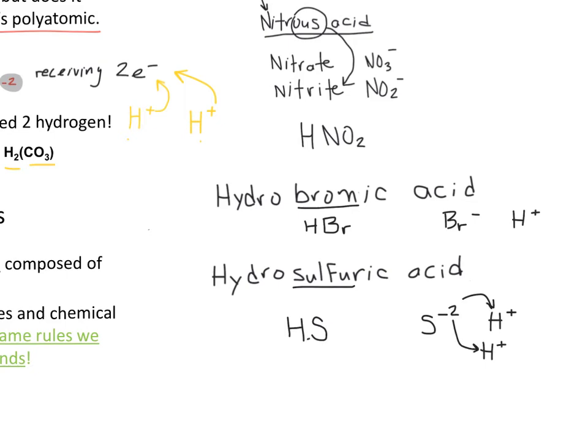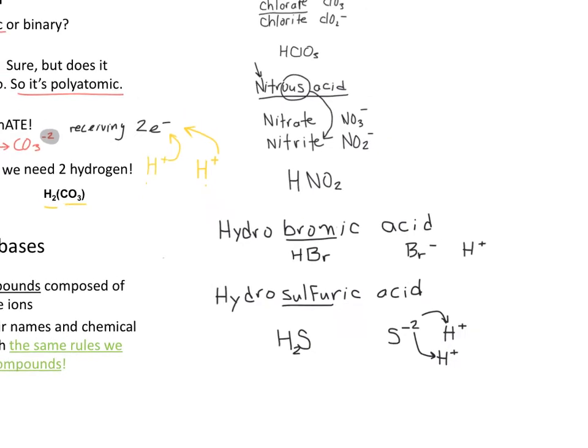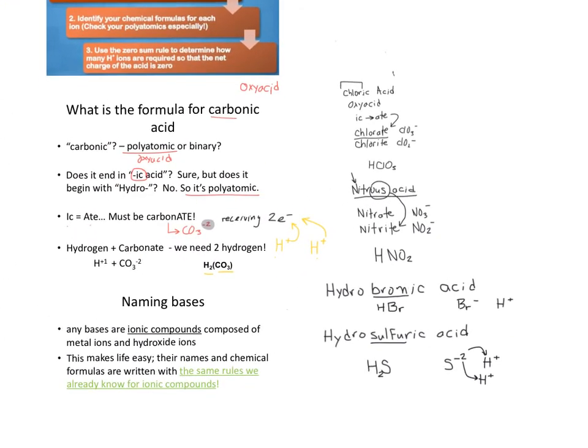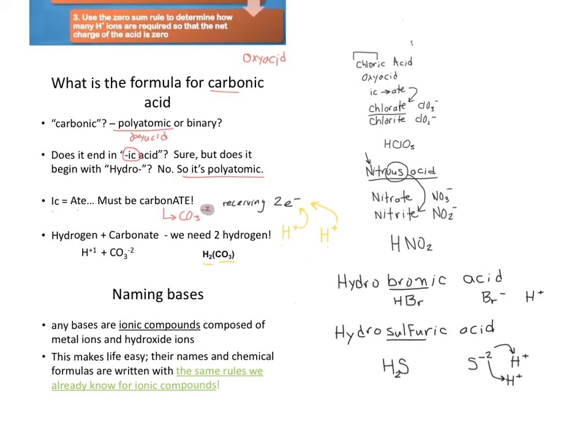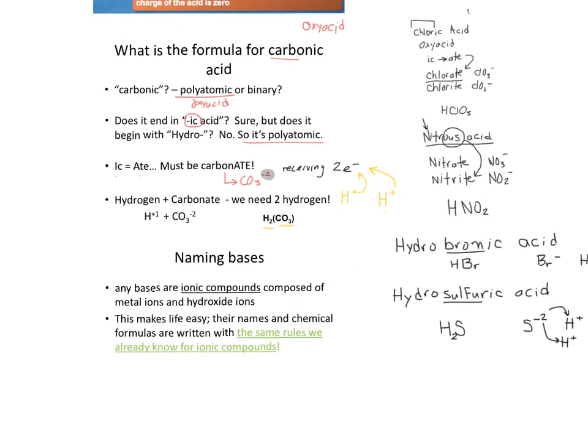So I'm going to write my 2 over here. And so this is how you name acids. Basically, find out what is the other atom, the atom that's not a hydrogen, and then balance out the number of hydrogen atoms needed.